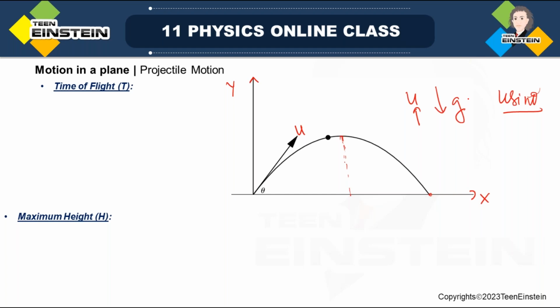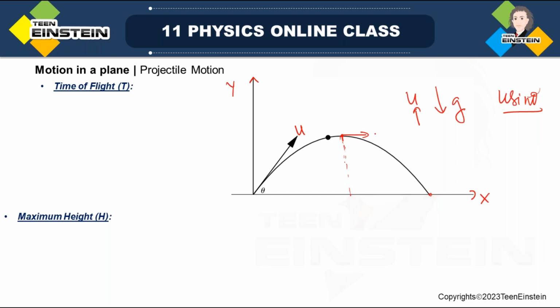Since velocity is lost by the particle, it will move in the vertical direction with decreasing velocity, and at the maximum height its total vertical velocity becomes 0 and the whole velocity becomes horizontal velocity.